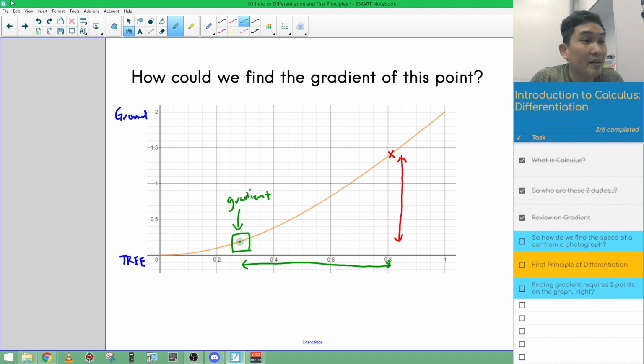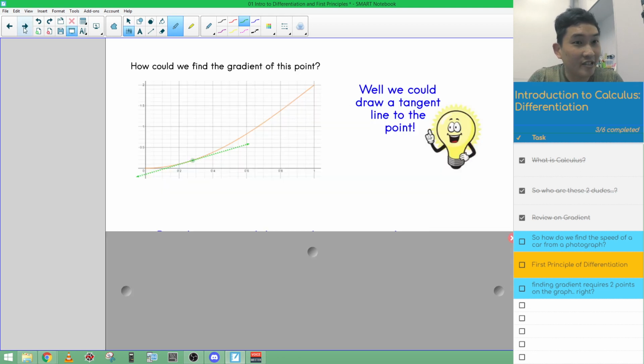And some of you might be thinking, hey, if you want the gradient, you should draw the tangent line. And I say that is a good idea. So let's suppose, a bit of background on how we got the orange graph. Say, as the apple is falling from the tree, maybe we have very accurate sensors and stopwatches, and we recorded 5 positions in time and in distance, and we plot them out.